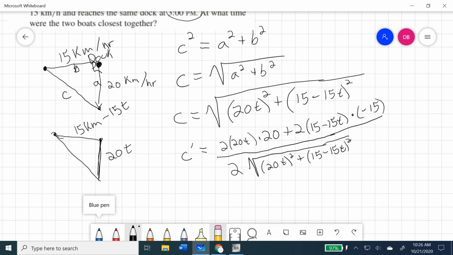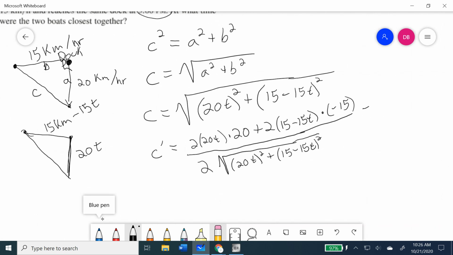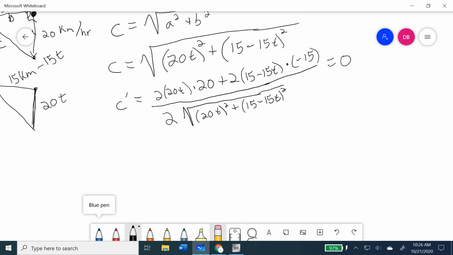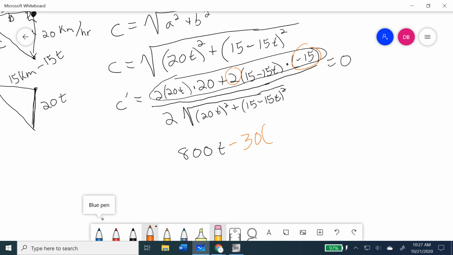And now I want to know what makes this equal to 0. So I'm going to work with just the numerator now. I have 20 times 20 times 2, which would be 800 if I can do calculations. So 800t. And then I need to be careful as I distribute. So I have negative 30 times 15, and then negative 30 times negative 15.